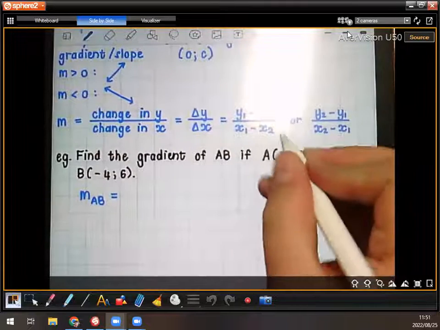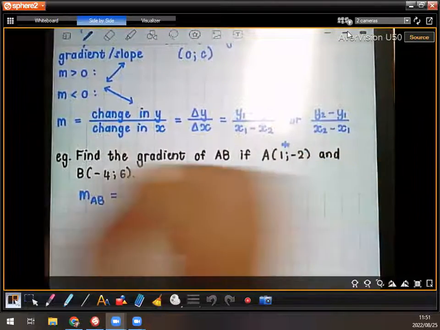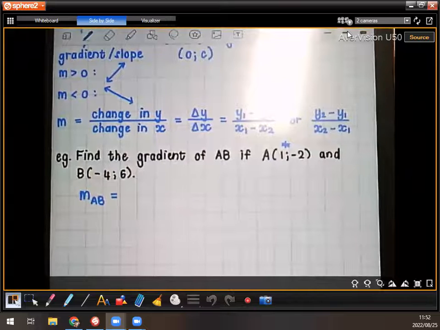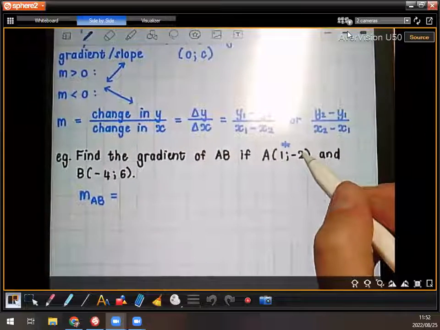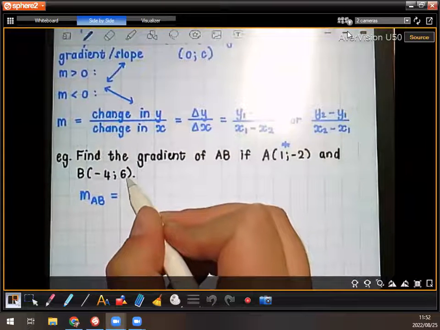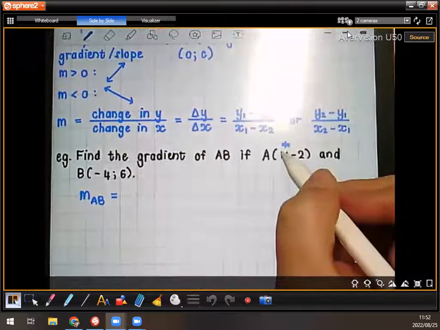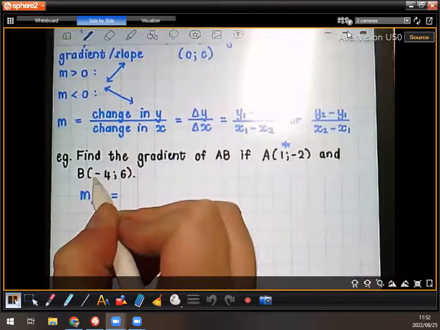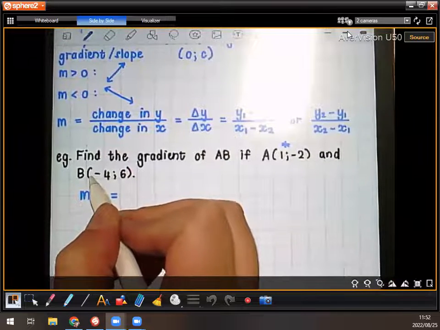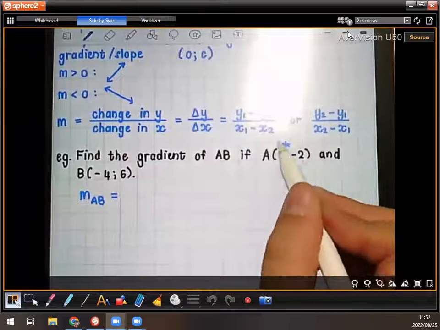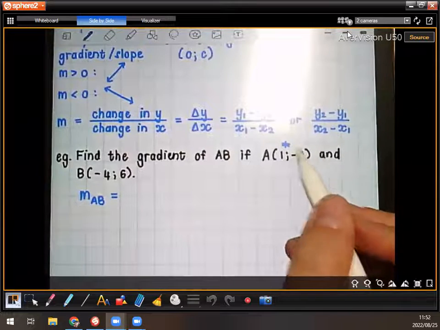Now, if I'm starting with point A, that is my first point. Then I'm going to say the y value of A minus the y value of B, but then I have to do the x value of A also minus the x value of B. So you have to put the y value and the x value of the same point first at the top and the bottom.